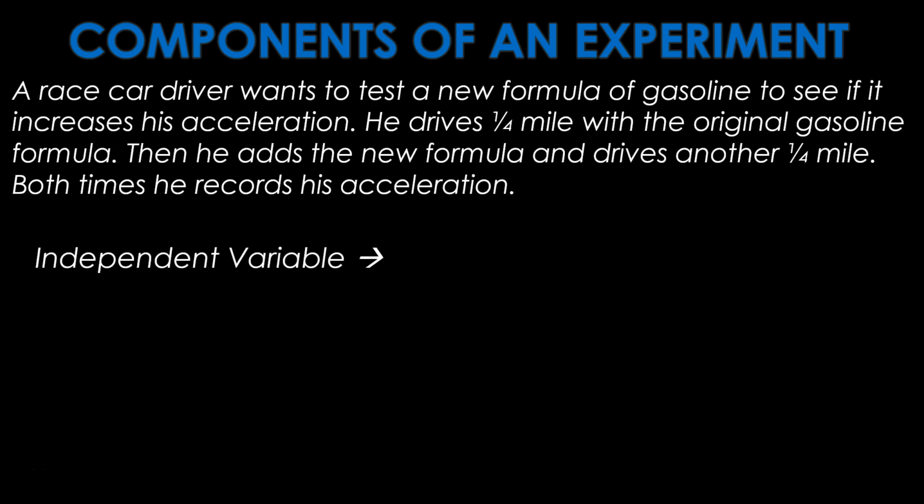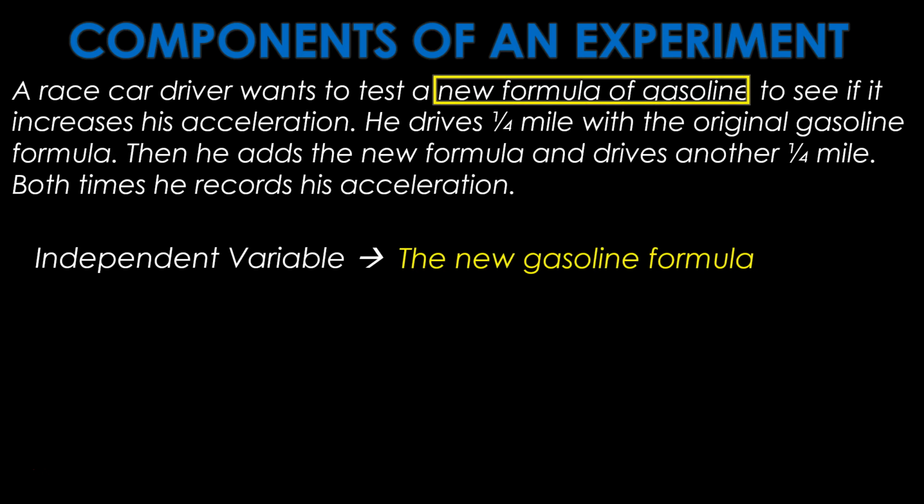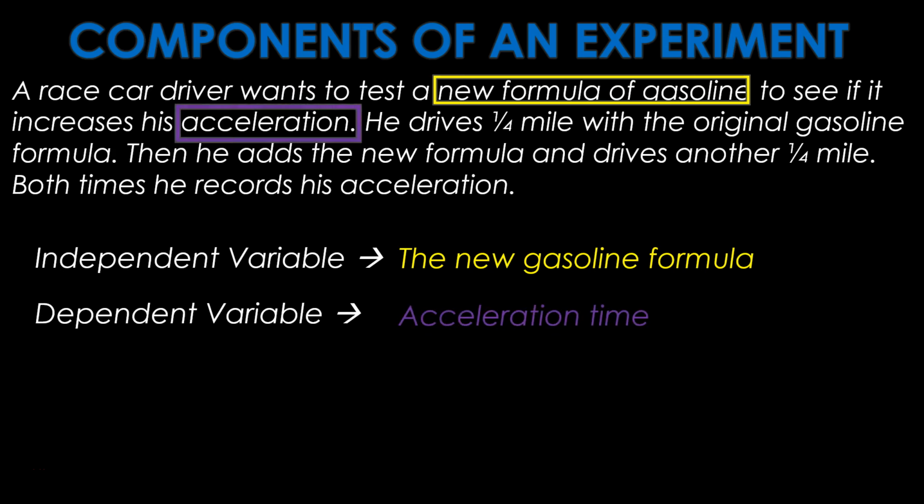What's the independent variable? What is this person experimenting with? Well, they're experimenting with a new gasoline. So that's my independent variable. What about the dependent variable? What is this person trying to observe or measure as the outcome? Well, they're trying to measure acceleration time.